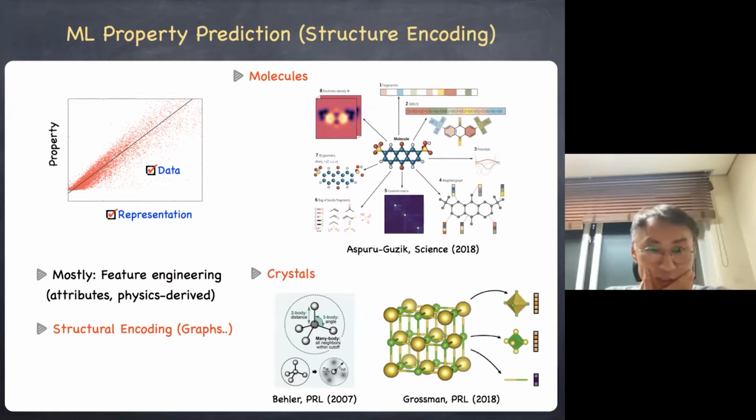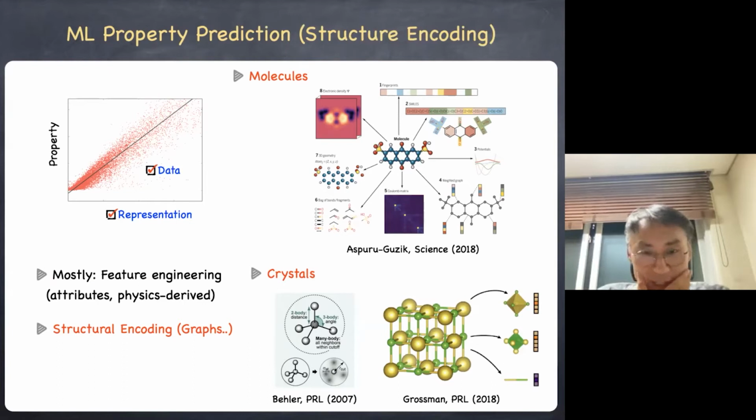And so to do that, people are trying to use structural encoding. And this is similar to situations in electronic structure calculations where you basically use the Hamiltonian of the system no matter what property you're calculating. Because regardless of properties, you basically use the coordinates of atoms and identities of atoms, and that's all.